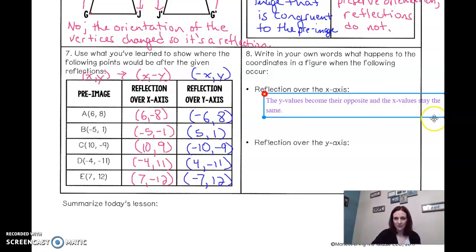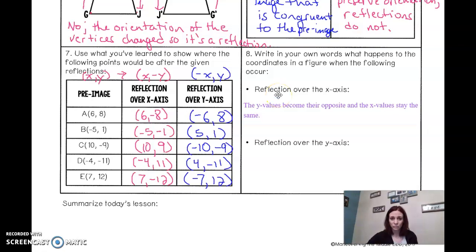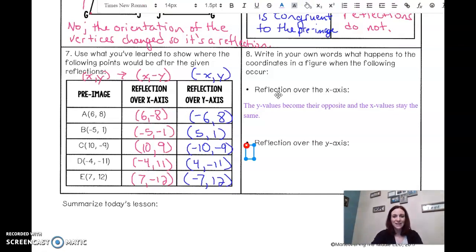Maybe, maybe not. Nope, okay, so I'll just move it. There we go. Now if we do a reflection over the y-axis, the x values become the opposite and the y values stay the same.